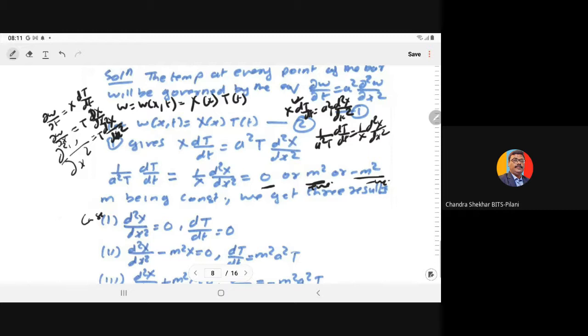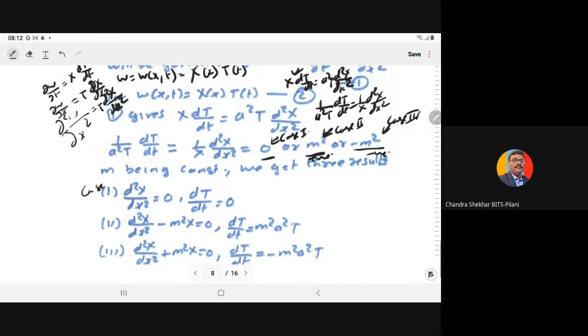Then the second one is d2X upon dx2 minus m squared X equals 0, and dT by dt equals m squared a squared T. This is case second.